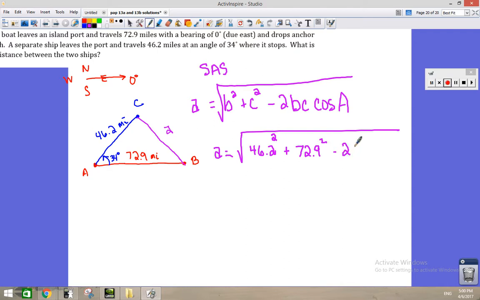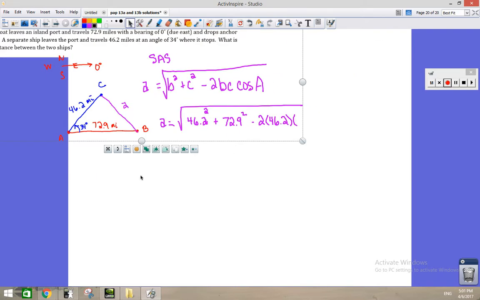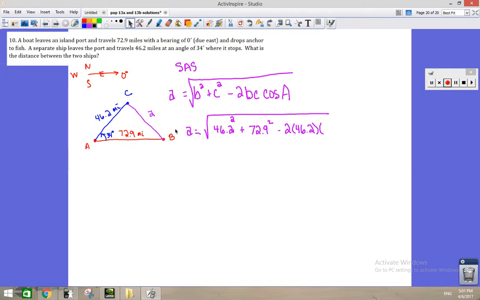And I've got 2 times this 46.2 and this 72.9. So you'll be able to read it better when I punch it in the calculator because you'll see exactly what I'm keying into the calculator. I just hope I can read my own writing to punch it in correctly. And the cosine of angle A, which was given to me as 34 degrees.